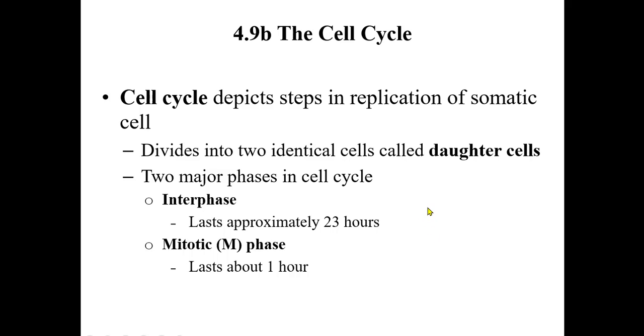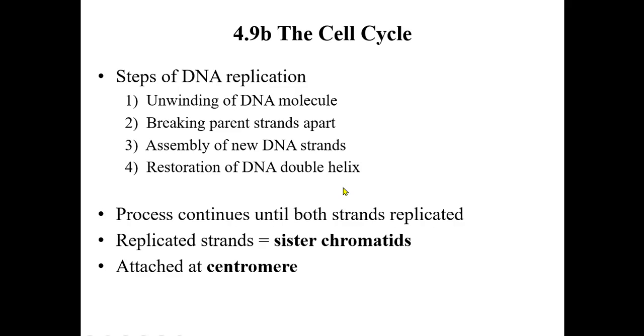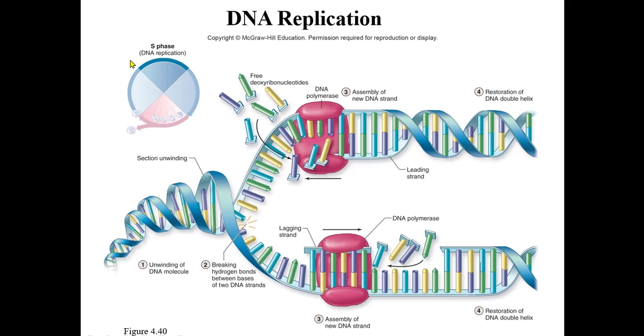So you will need to know the cell cycle, which I'm going to go over by way of a picture. So I'm skipping all this because I'll be describing a picture. And that picture is this cell cycle here at the top. I do not care for the DNA replication part. I care for the cell cycle.